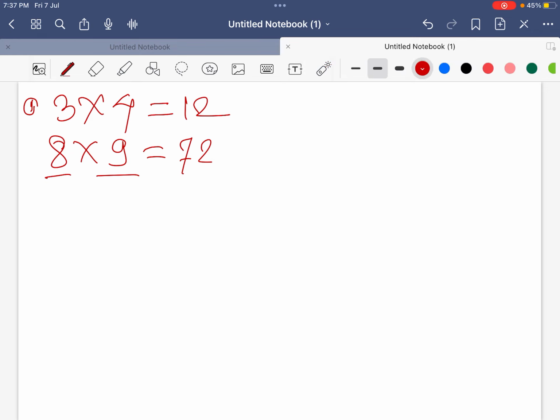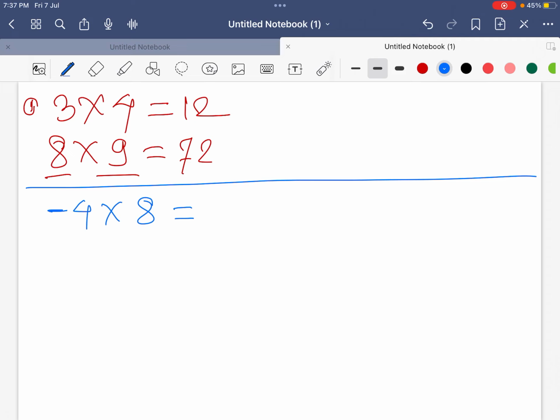चलो. Now let's move to the second example. In that case, just consider one number is positive and another number is negative. So let's take the example -4 multiplied by 8.